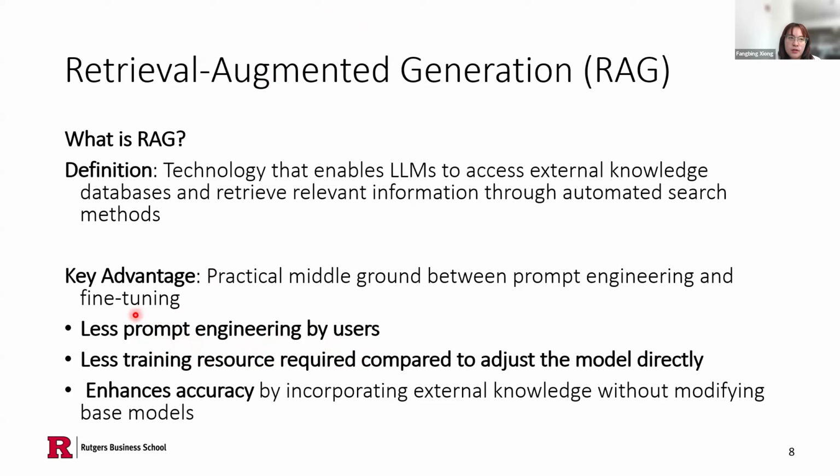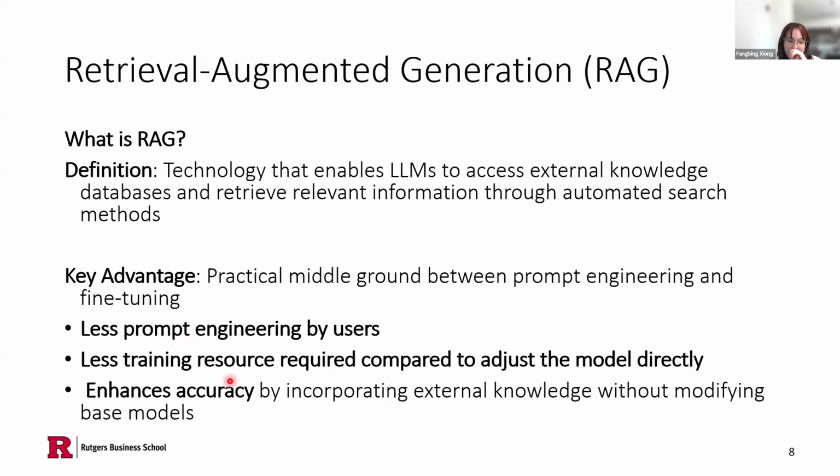However, fine-tuning needs data of very high quality. It also needs a very large data set. At the same time, training a fine-tuned model is much more expensive than using RAG directly.